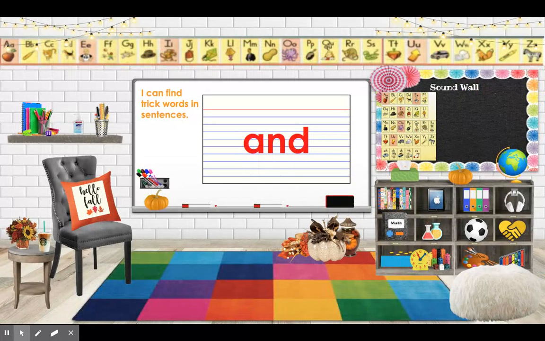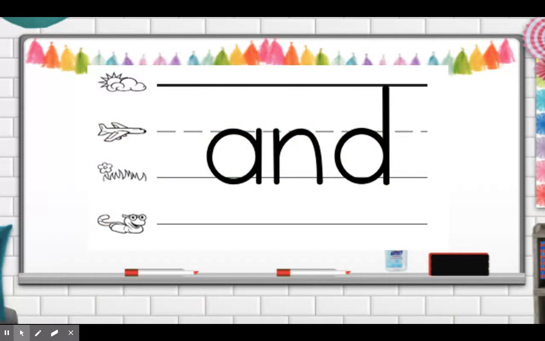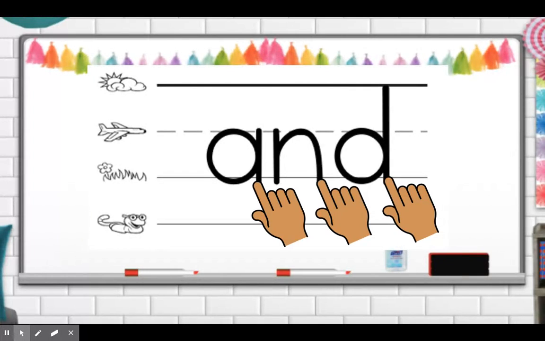Now let's try the word and. So make sure you have that bumpy piece of cardboard or even a paper towel, something to put under your paper to make your words bumpy. And you're going to write the word and on your paper in red crayon. Now, once you've written the word, I want you to take your pointer finger and trace over the letters with your finger.